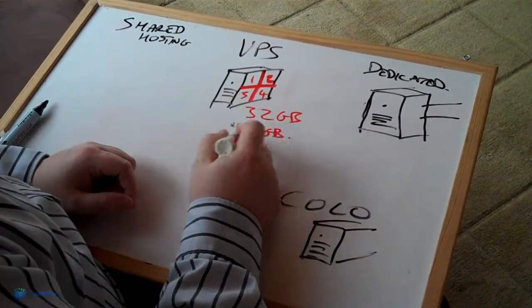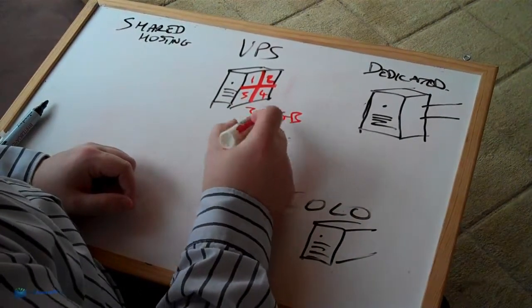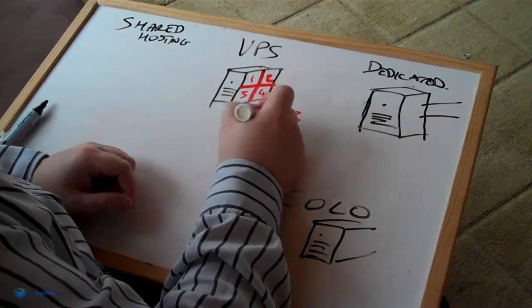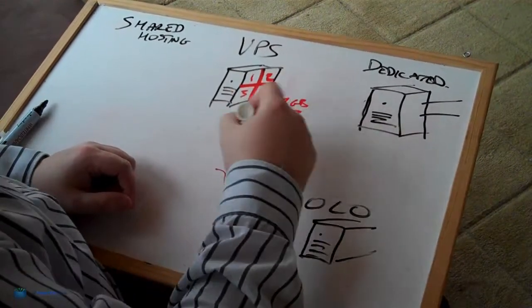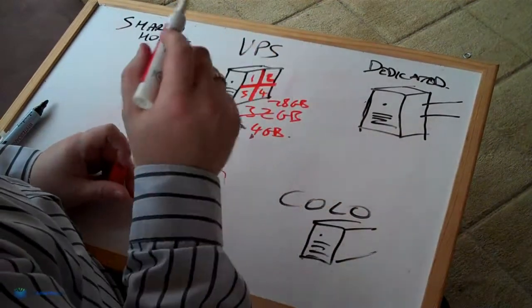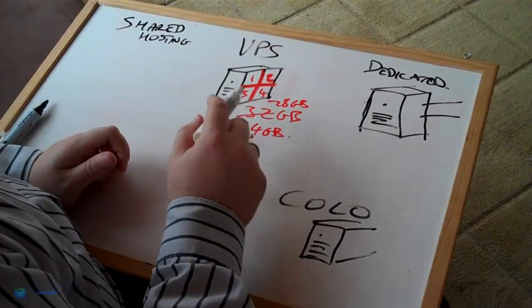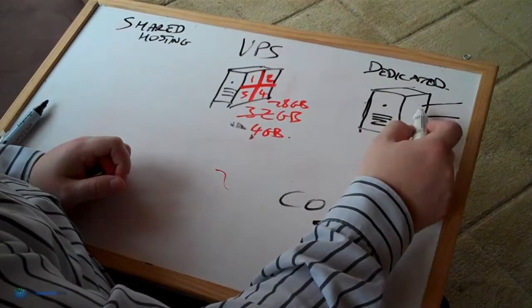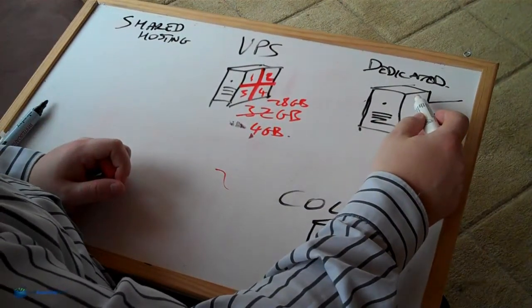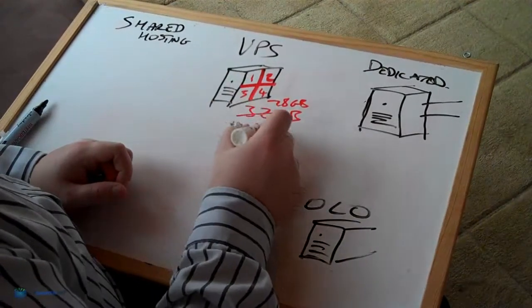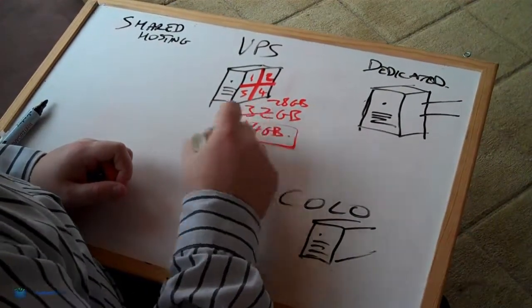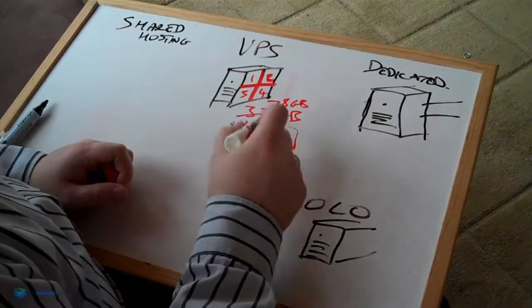So you've got 4 gigabytes of RAM out of the 32, and they'll say, okay, that leaves us with 28 free, which they can allocate to other people. Now, the advantage of VPS is that it's much cheaper than a full dedicated server, because the machine is divided up, but you have a fixed amount of resources. Nobody can eat into that 4 gigs of RAM that are allocated to you.